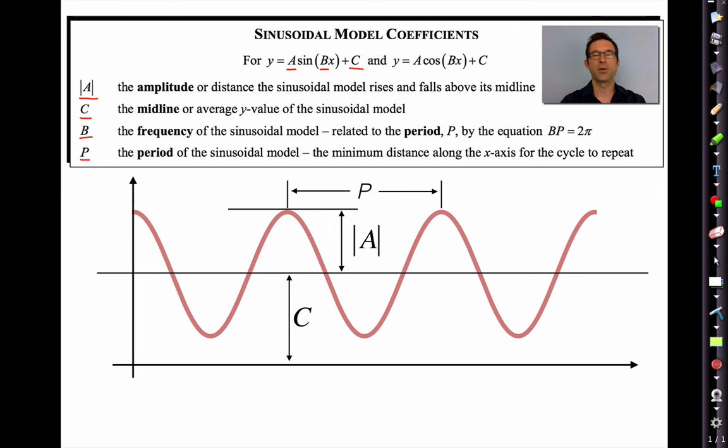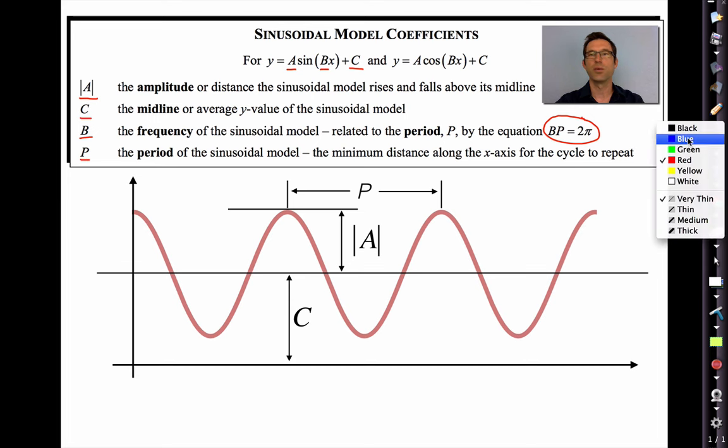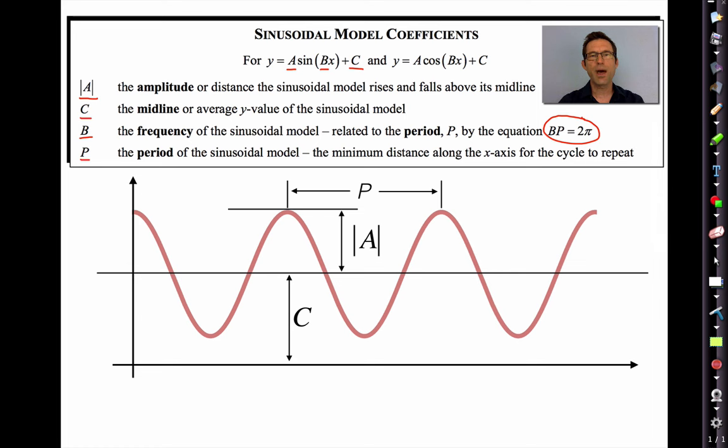And then we've got the period, the horizontal distance it takes for the curve to complete itself. Don't forget that the period doesn't show up in the equation. What shows up in the equation is actually the frequency. But the frequency and the period are related by this relationship: B times P equals 2 pi. So keep that all in mind as we jump into the first applied exercise.